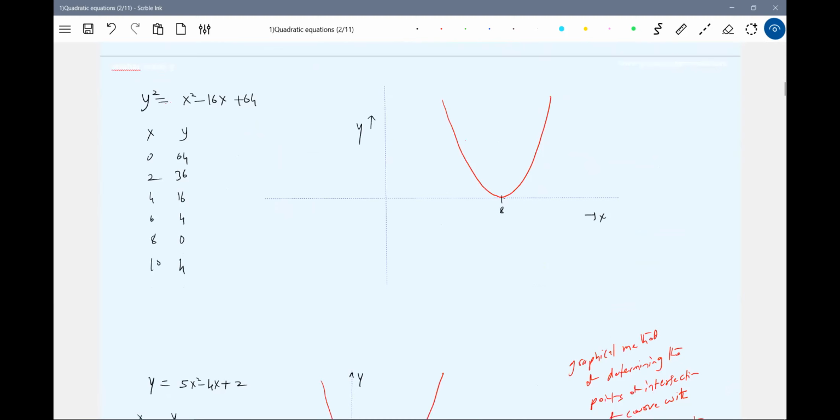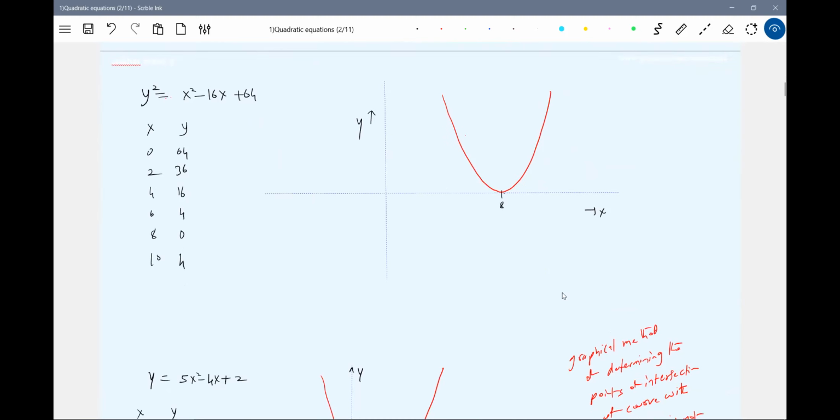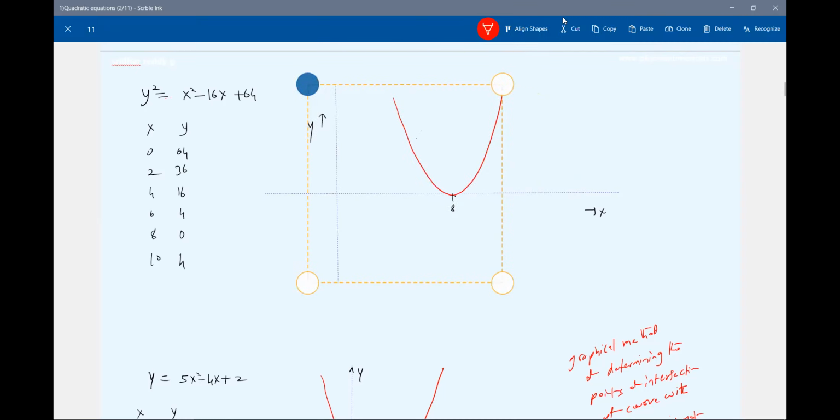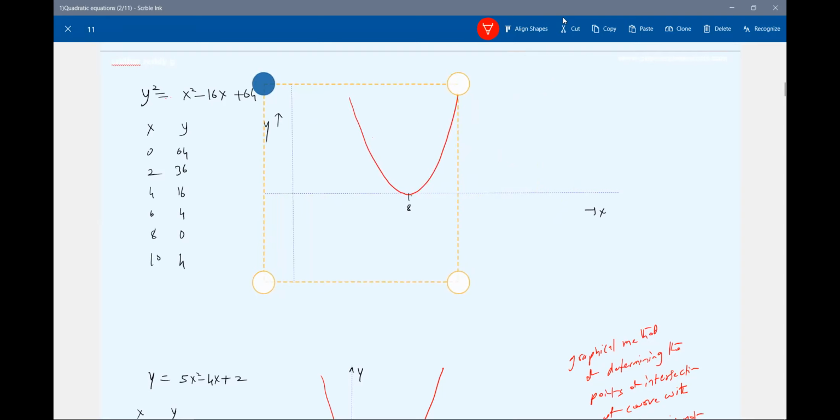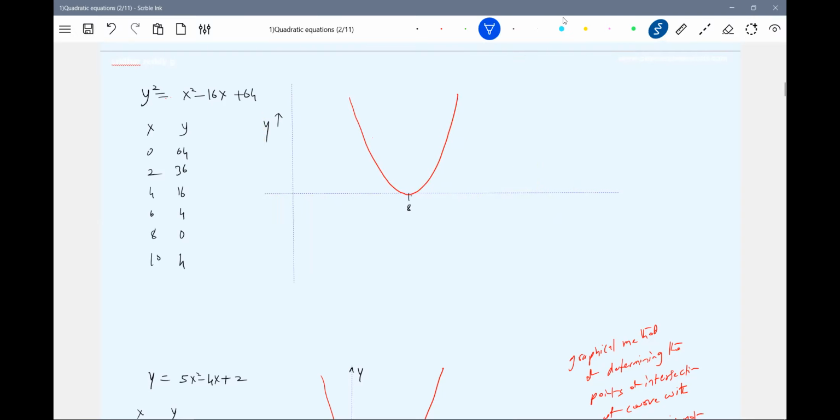Now let's see here. Again, we have plotted all this curve, everything. We were very good in all these things. Okay, let's go for quadratic equation. Let me shift it now so that I'll get enough space to scribble.